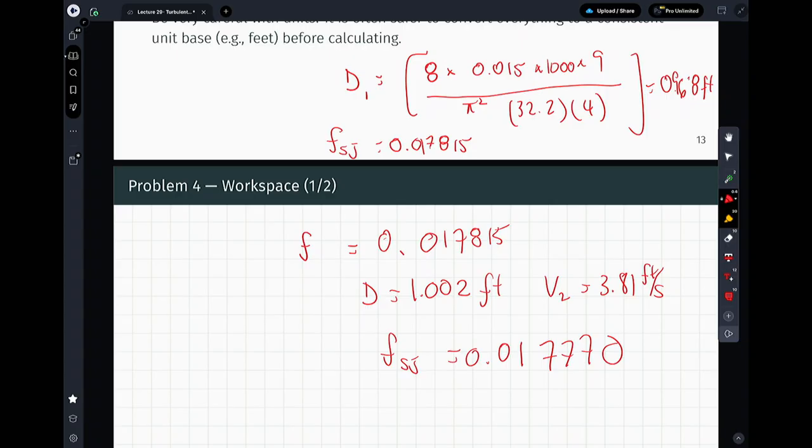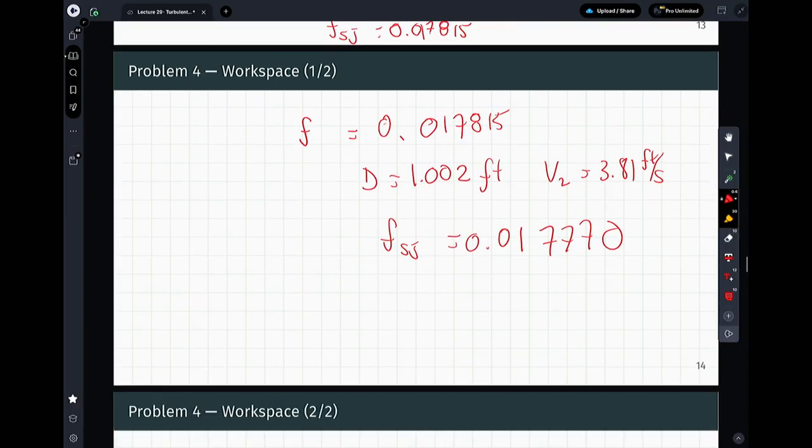So not a huge change here at the 10,000th place, and you shifted from 0.017815 to 0.017770. That's a pretty heady convergence. And you can continue with that.